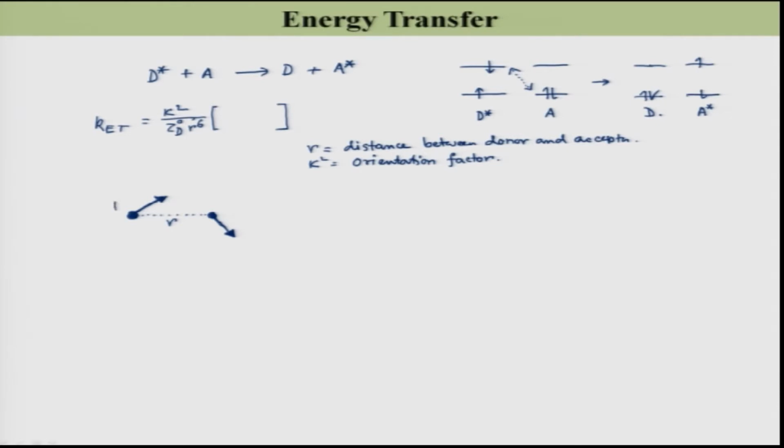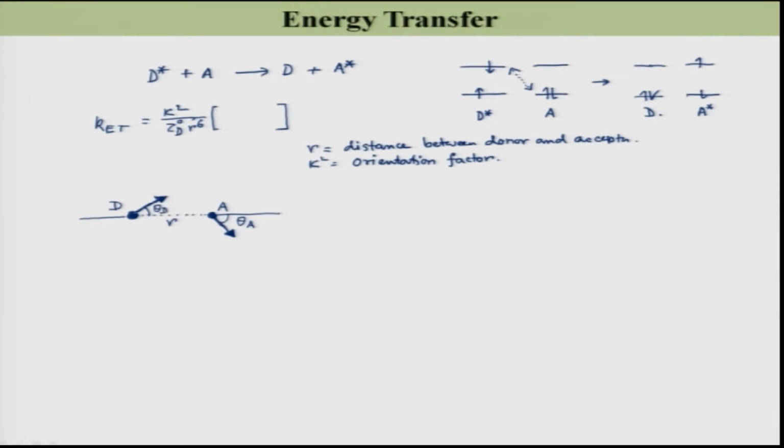So, this is my D, this is my A. Now, if you extend the line connecting D and A and measure the angle between this line and the acceptor, let us say this angle is theta A, and similarly this angle is theta D.